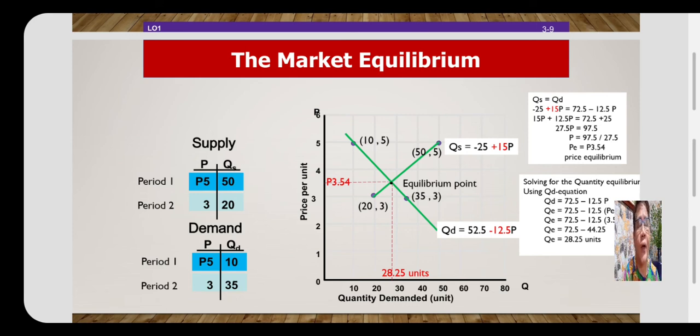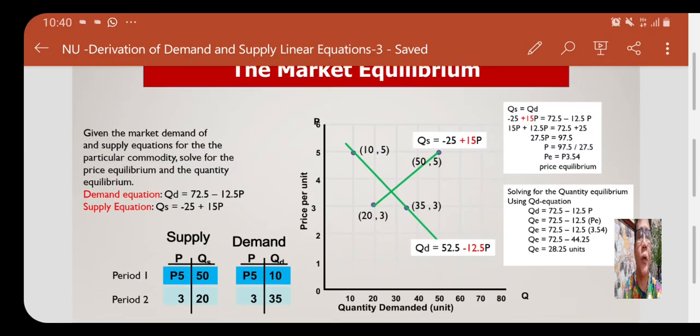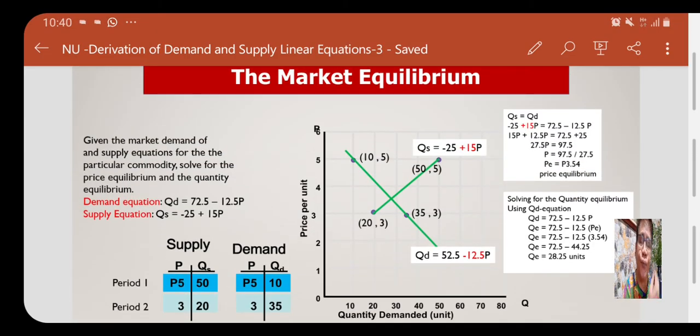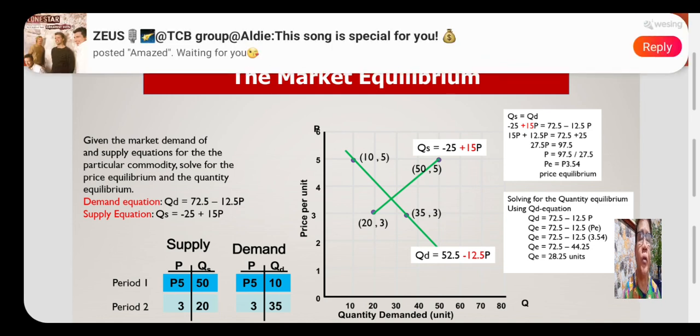We already have learned last time how to find the price equilibrium and quantity equilibrium, so it is now easier to solve. But for purposes again of deriving the price equilibrium and quantity equilibrium, of course, when we have these demand and supply equations given, we can equate these two equations.